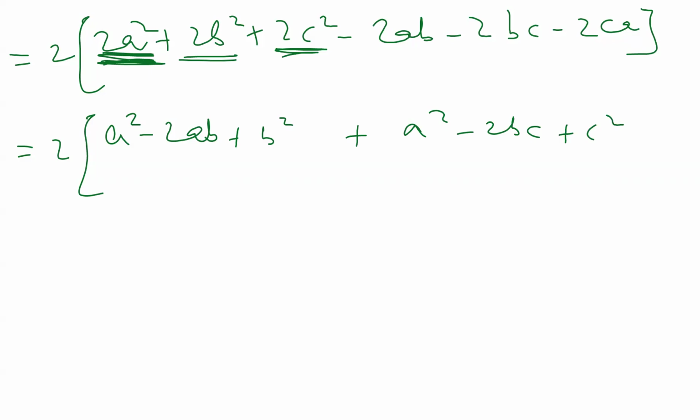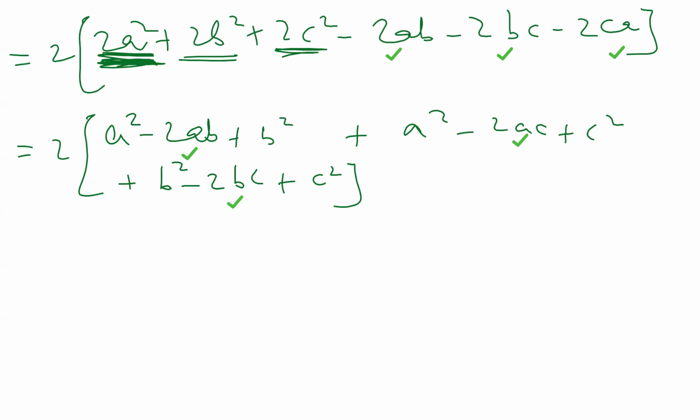Okay. Now a squares are completed. a square plus a square is 2a square. Now only b square and c square are left. So I'll just write b square minus 2bc plus c square. Okay. Right. So these terms I'm keeping the same for all three. 2a square is written as a square in one term, a square in the other group. Okay. That's how I do it.